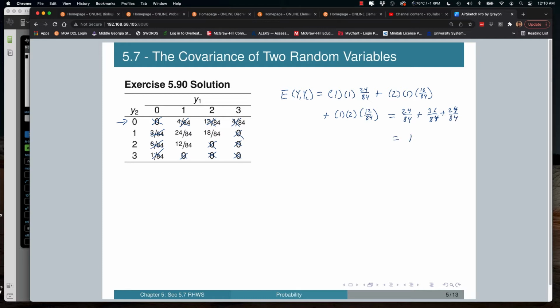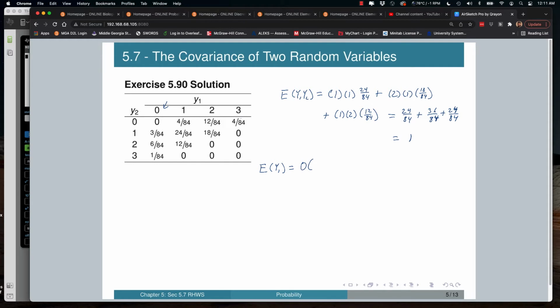So our expected value of y sub 1 times y sub 2 just sums out to 1, which is kind of a nice number, surprisingly. Expected value of y sub 1, though, we calculate by doing the column discrete values times the sum of the probabilities in that column.